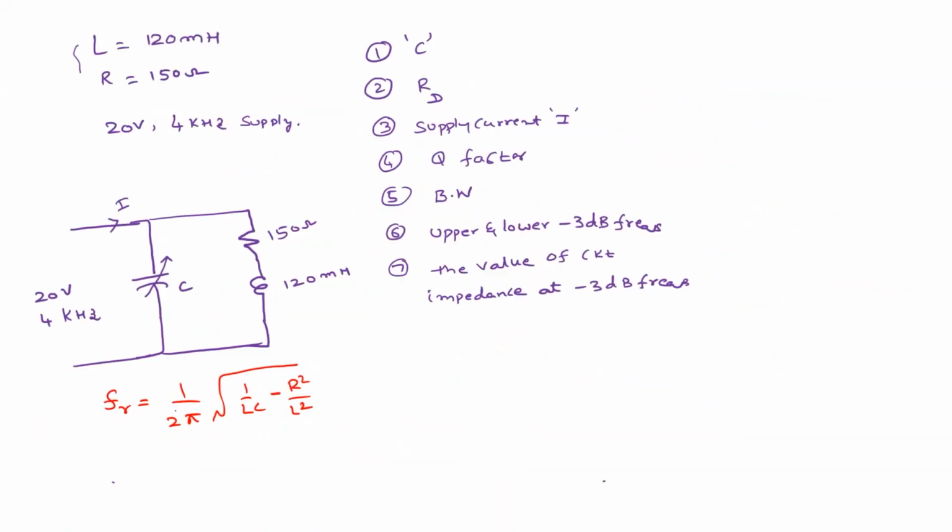So now tell me, the value of FR is given, right? So this is 4 kilohertz. From this, you need to calculate the C value. So what is C?